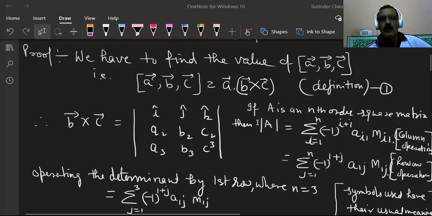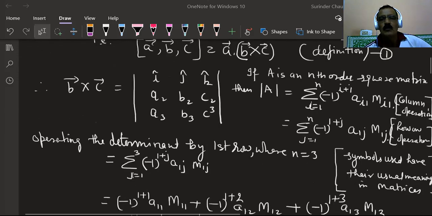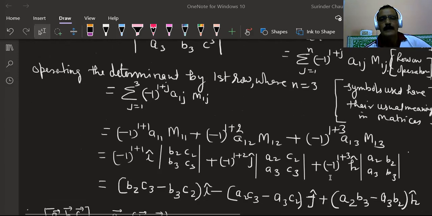This formula will take the form for this third order matrix: j varies from 1 to 3, minus 1 power 1 plus j, A1j M1j. When we operate this summation, we give the value j equal to 1, j equal to 2, and j equal to 3.